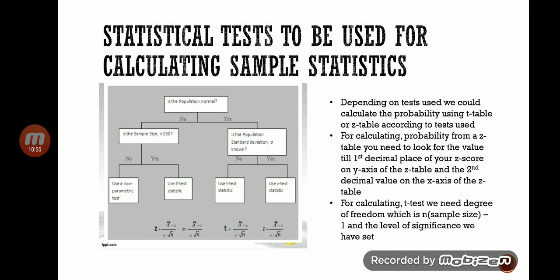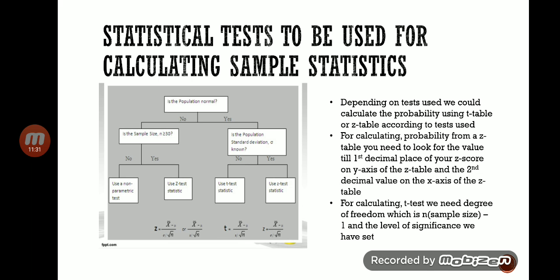So if the level of significance is 5%, then on the x-axis we will match it to the number 0.05, and if the number of samples is 23, then we'll match 22 on the y-axis and 0.05 on the x-axis to find the t value, on which we'll get a probability of 5% on these number of samples.